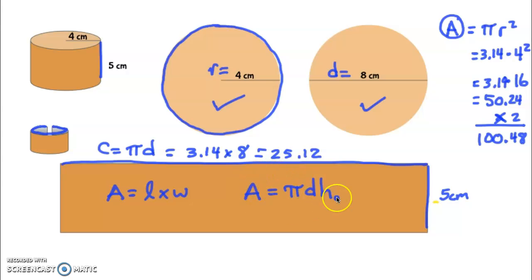And so area for this rectangle actually is area equals pi d h, or in this case we've already done pi d as 25.12 and h is 5. So if we multiply 25.12 times 5, we get 125.6.